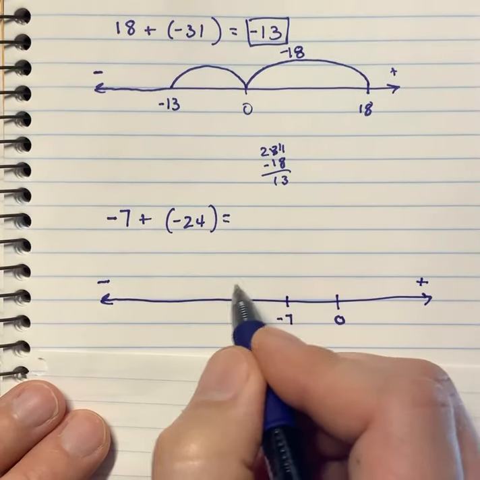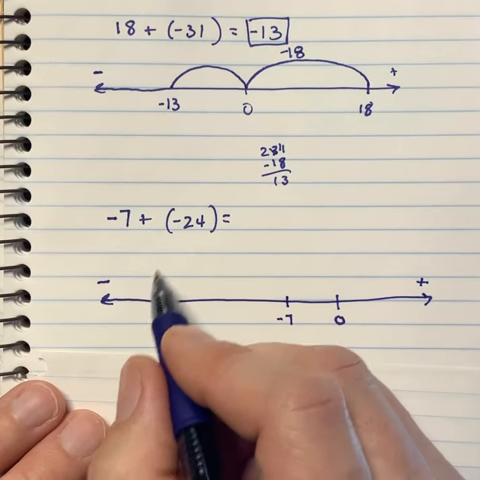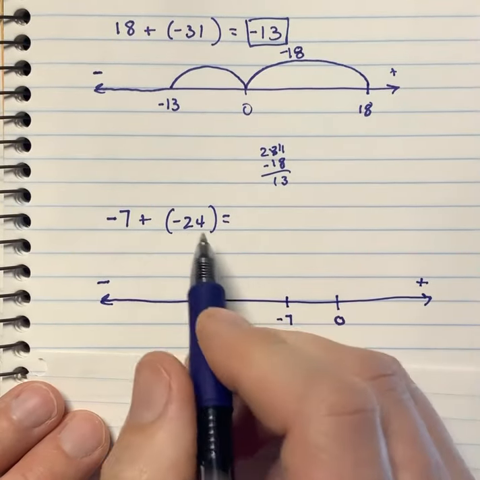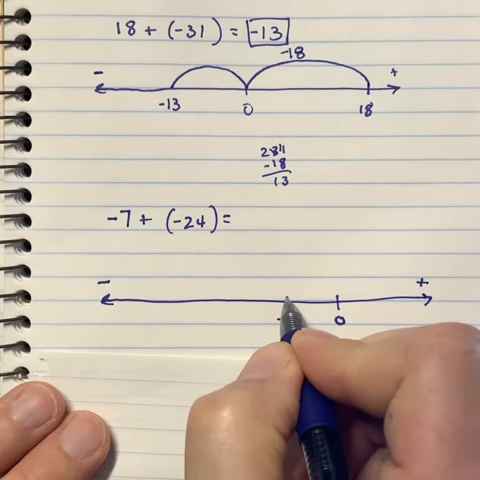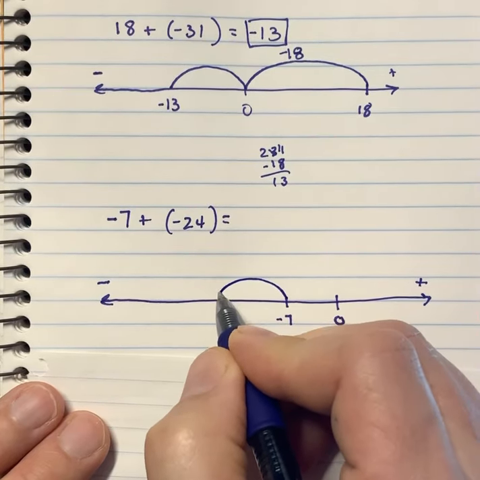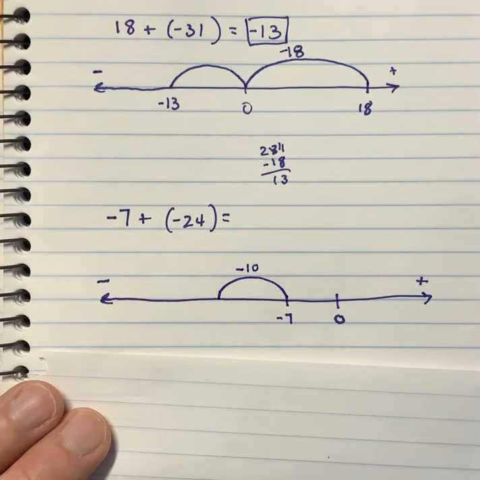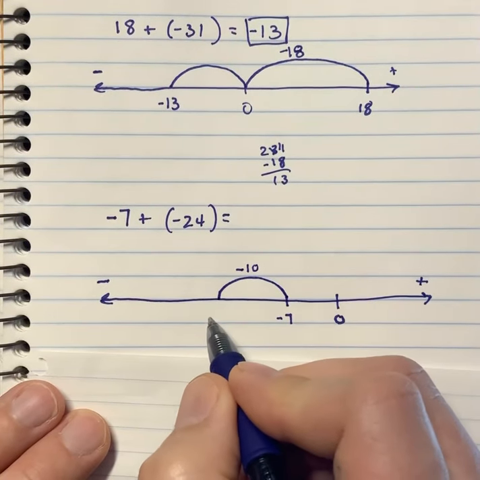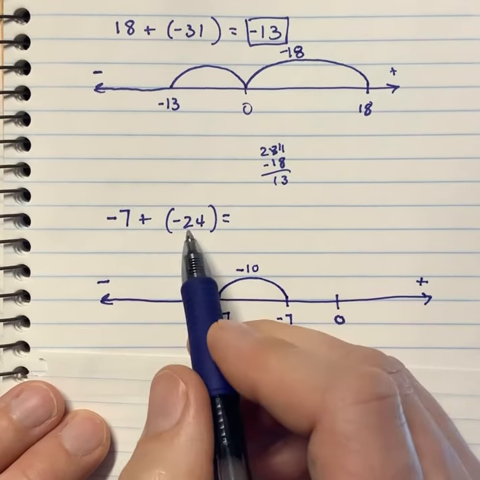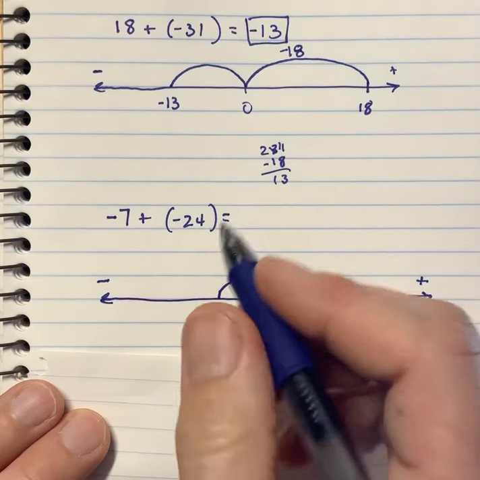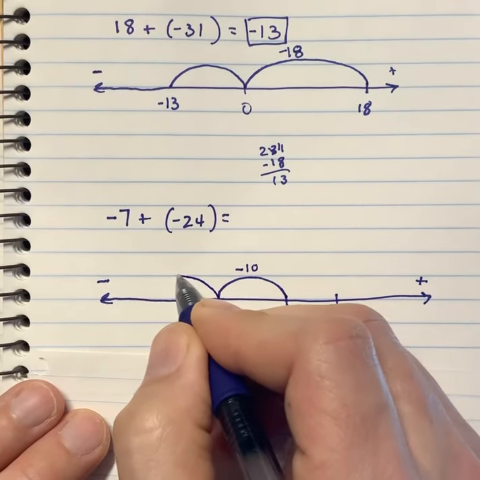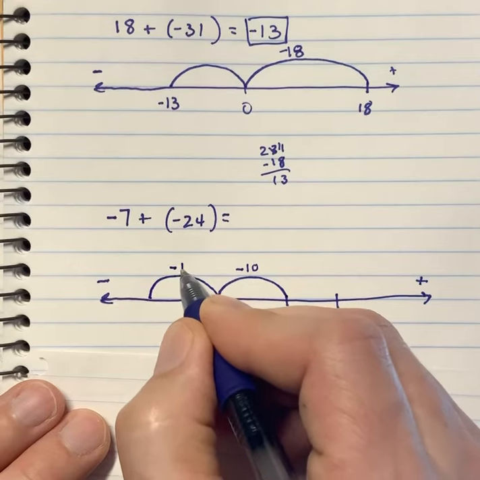Now I could either count 24 spaces here to the left to find out what it's going to be, or I can do this in chunks like, let's say this is about 10 spaces. So I just moved negative 10 spaces, which would take me to negative 17. I need to move negative 24 spaces altogether, so I'm going to move another negative 10.